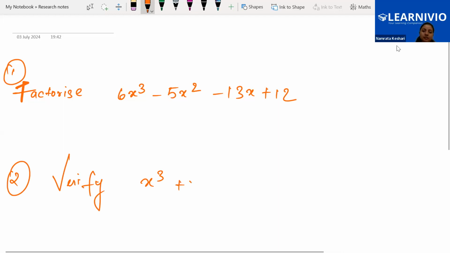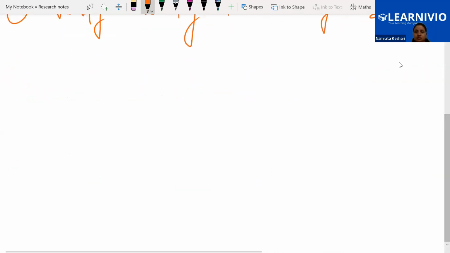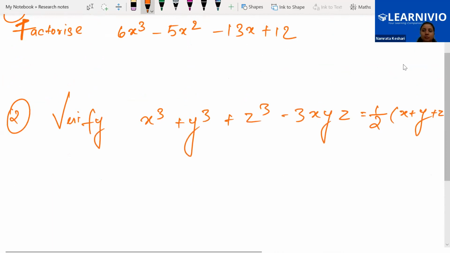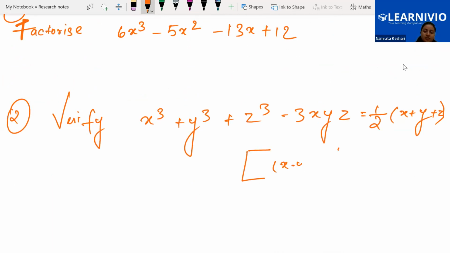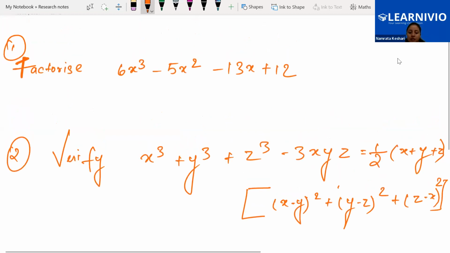x cube plus y cube plus z cube minus 3xyz is equal to 1 by 2 times x plus y plus z in one bracket, and in the other bracket we are having x minus y whole square plus y minus z whole square plus z minus... Okay, first do these two questions, then I'm giving you more.